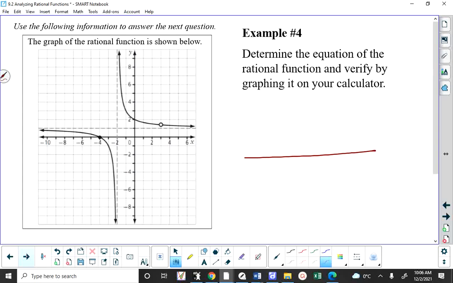So looking at this graph, you see that there is a vertical asymptote. We'll just go with y. There is a vertical asymptote at -4. No, at -2. Which means that the factor is x plus 2 in the denominator. Okay.